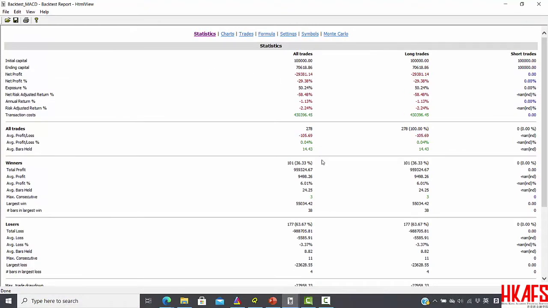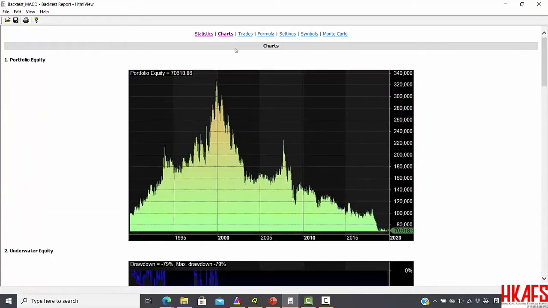You see, the winning ratio is about 36%, so the losing trades outnumber the winning trades. The equity curve is here. We can see that obviously this indicator worked before 2000, but after 2000 it depreciated.